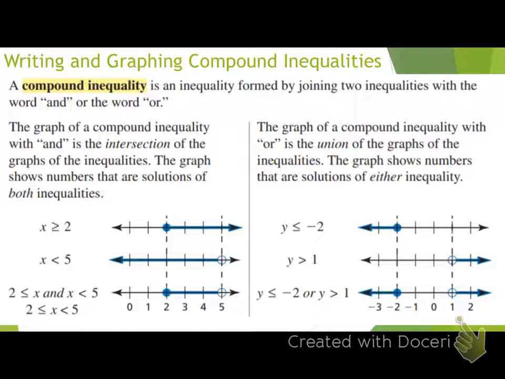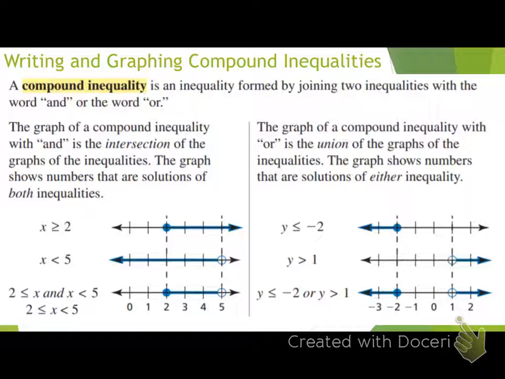Are they the same all less than 2? No. Are they the same all greater than 5? No. But they're the same between 2 and 5. Does that make sense? So this is what my graph down here looks like of my and compound inequalities. It's the overlap, the intersection of the two graphs of the two inequalities. Does that make sense?